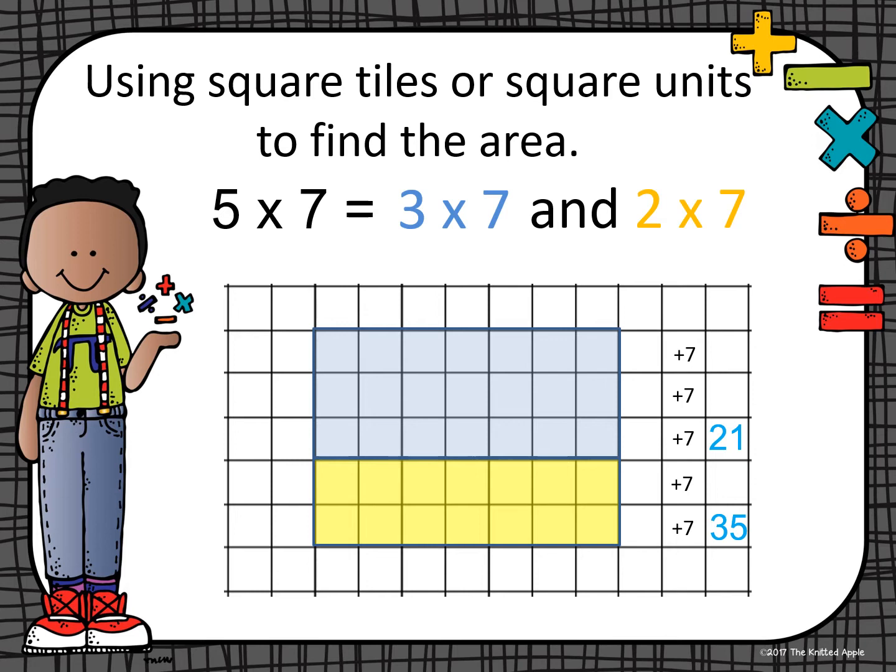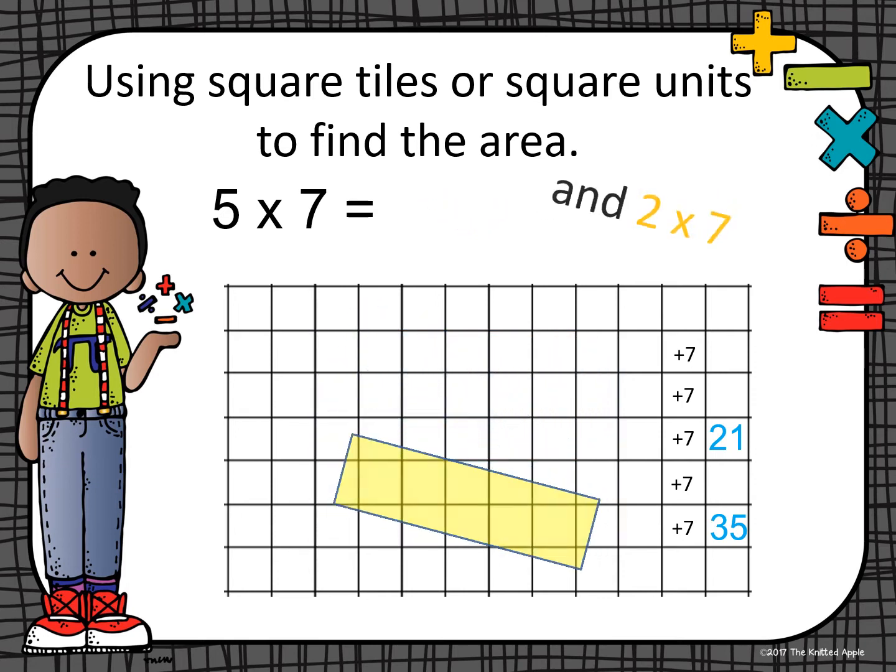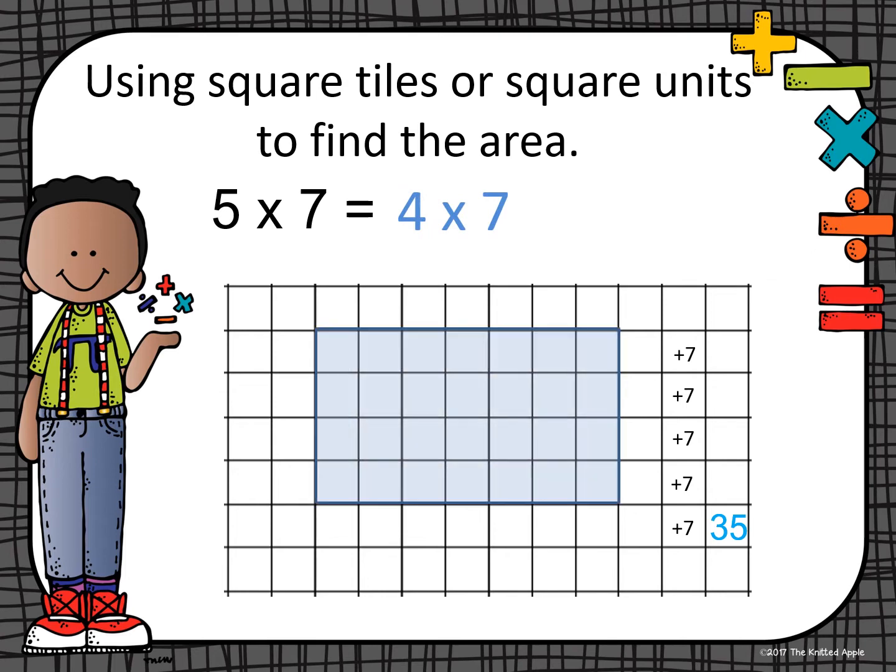Now, that's not the only way that I could break up this array to help me find my product or my area. I could also break it up as 4 rows of 7, and that would give me 28. And I could add another row of 7.